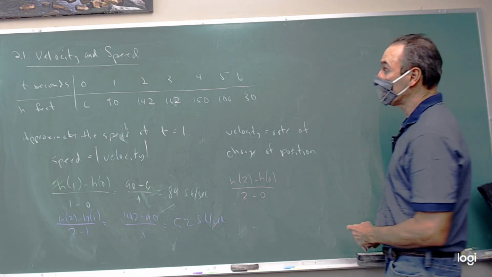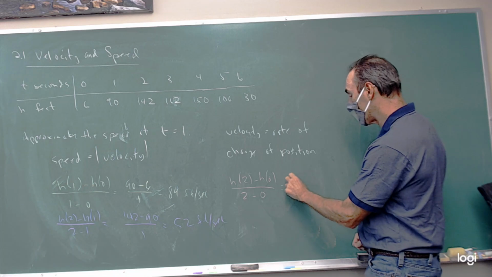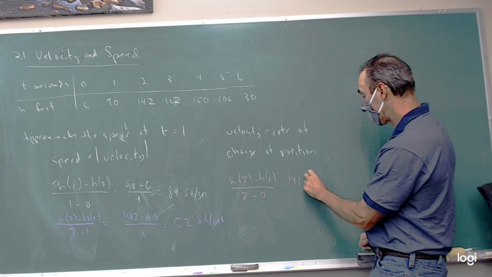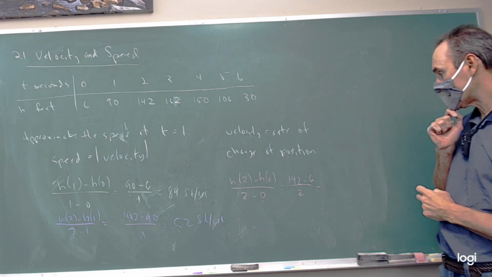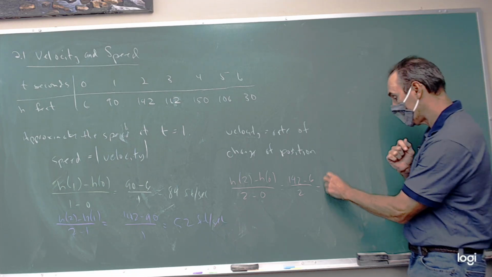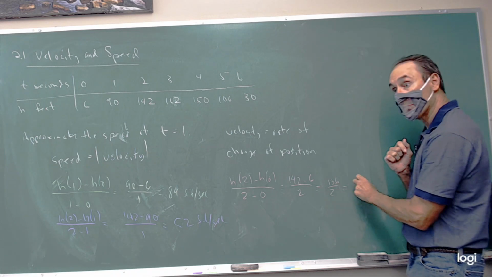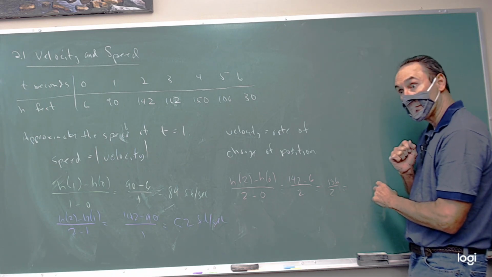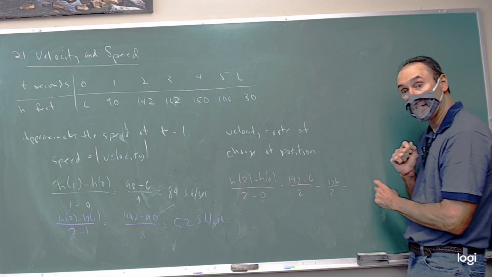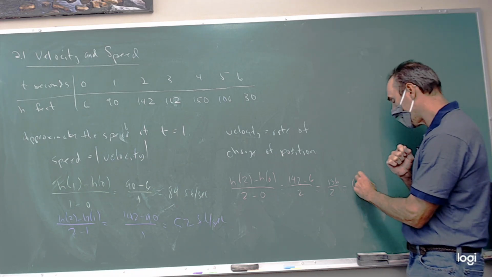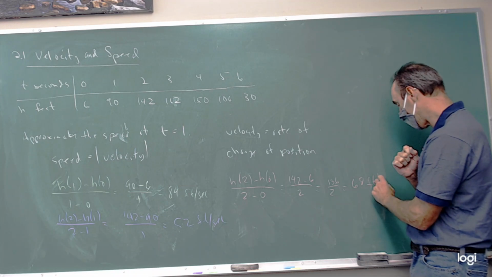And so h of 2, I think we'll put 142, is that right? Minus 6 all over 2. Uh-oh, 142 minus 6, is that like 136? Divided by 2, I know we're pushing some of us here. Give me time. Okay, I'm ready. Oh, you guys are good. 68 feet per second as well.